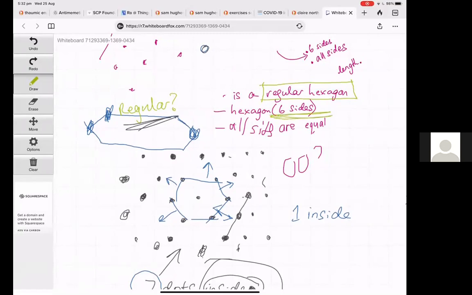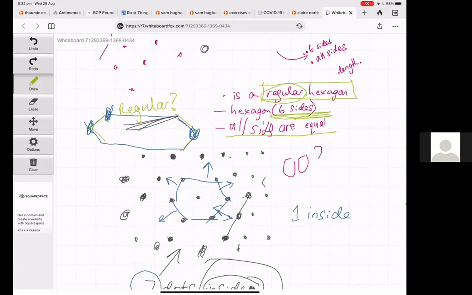But then what's the other thing that makes it a regular hexagon and not just a hexagon? They have the same amount of dots in each side. Yeah, exactly, which means all the sides are equal in length. So is this one a regular one?